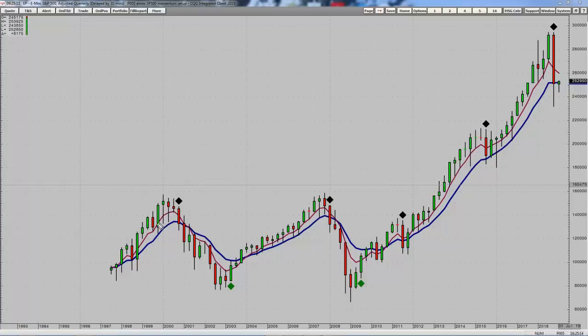Just as a recap, for the sell pivot you're looking at the highest price, following the highest candle, and you need to see a close below the low of that candle. As you get to a new high, you're constantly looking at the lows, saying I need to see a close below that low. When you get the close below the low of the highest candle, that's when that black diamond comes in.